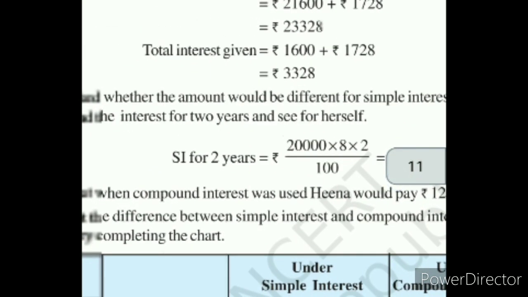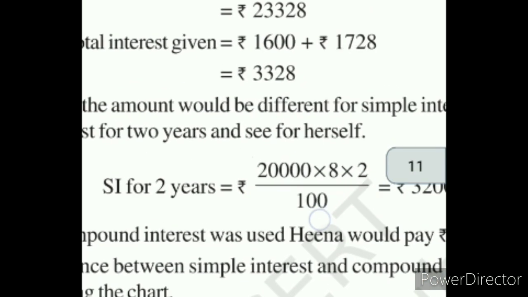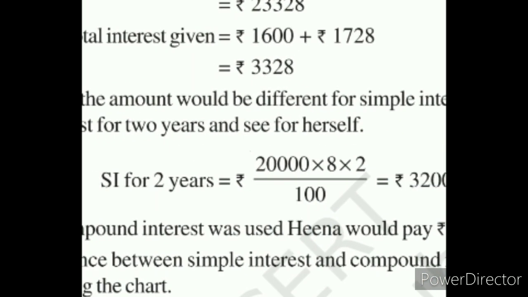Now the total compound interest is 3,328. Here we have calculated the compound interest annually for 2 years. So 2 times we have calculated the interest because we borrowed for 2 years. The 2 interests added give 3,328.